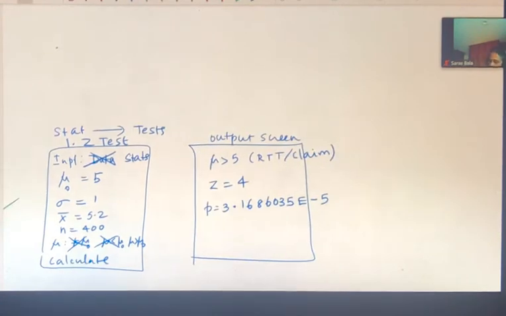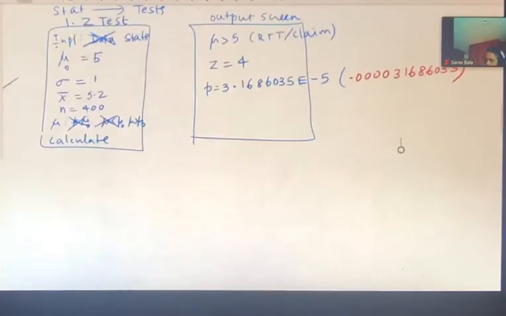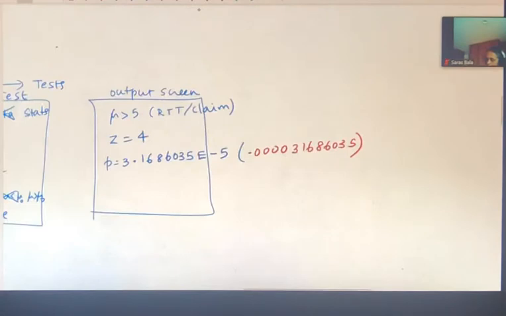So this is the same as adding 4 zeros: if it is negative 5, remember you need to add 1, 2, 3, 4 zeros, and then the number 3168035. So this is your p-value.